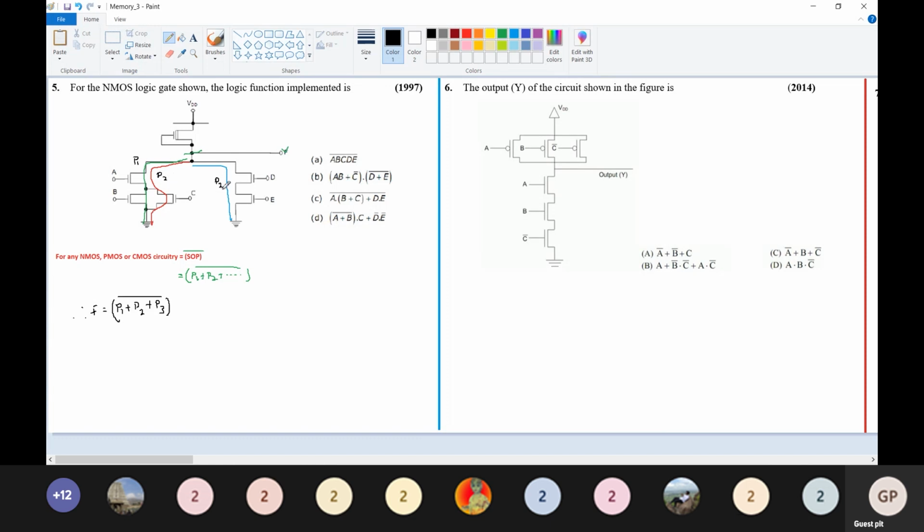So the parallel paths between the output terminal and the ground: what are the transistors in the first path?